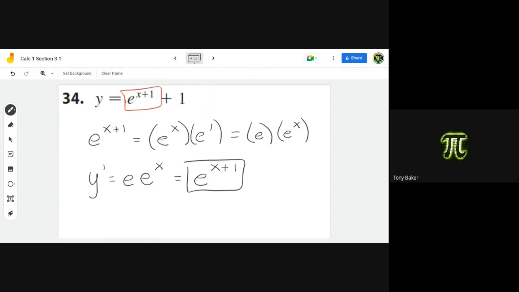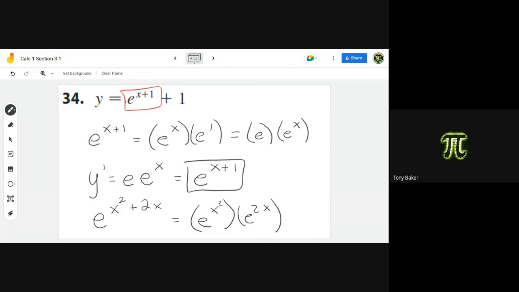Yes, that does not always work. So if we had e to the x squared plus 2x, for example, I could split that up as e to the x squared times e to the 2x, but neither of those are constants now.